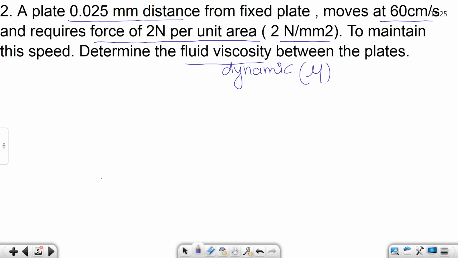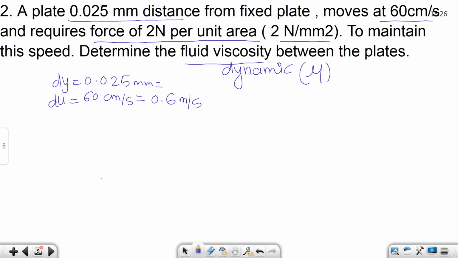What is given: the distance between the plates, small dy, is 0.025, which is in millimeter. Velocity of the upper plate, consider this as u, or you can even consider this a change in velocity du, which is given as 60 centimeter per second. So convert this value in SI. I'll take the 60 as 0.6 meter per second.